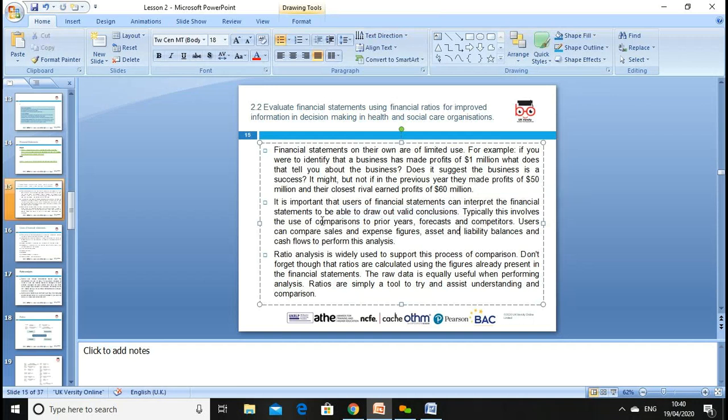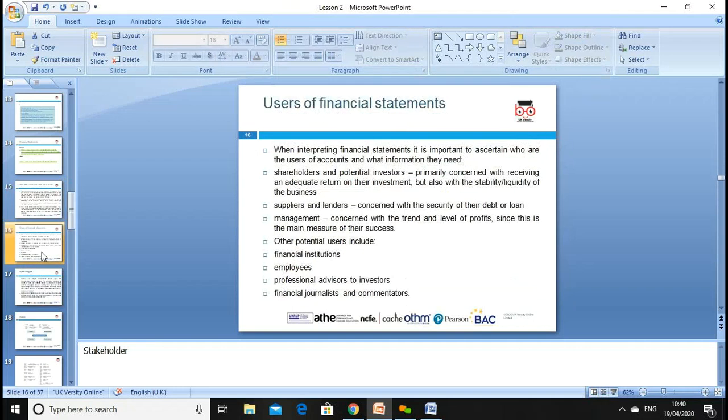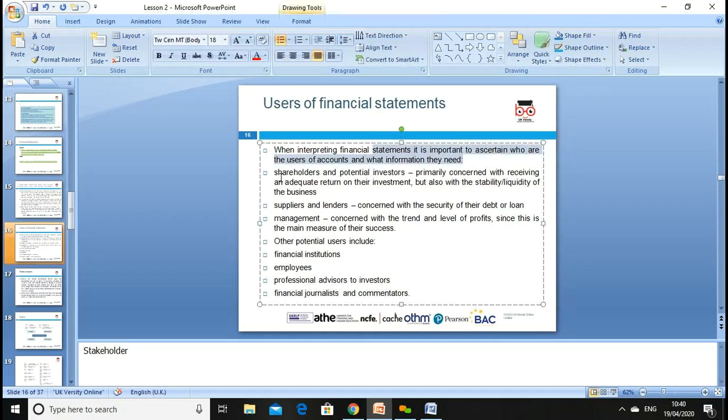This typically involves comparison with prior years' figures, expectations, and ratio analysis widely used to help make decisions. When interpreting the financial statements, it is important to ascertain who the user of the accounts is and what information they need. So you have to ask the question.